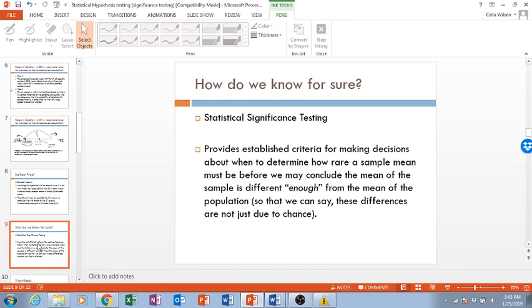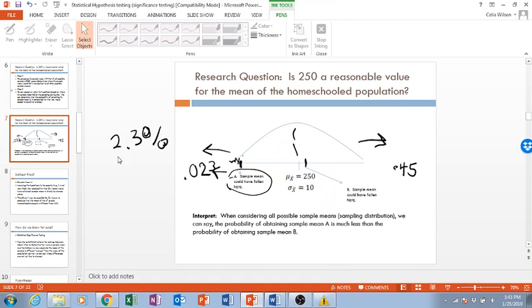So, how do we know for sure? What I mean by that is 2.3%. And remember, that's just a number I made up based on the fact that it's way over here in the tail. We're going to get to his actual result in a minute. But I was saying a second ago that the probability he would have gotten the sample mean he got is really small.